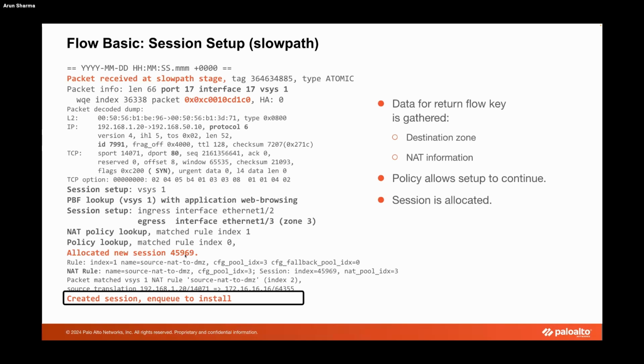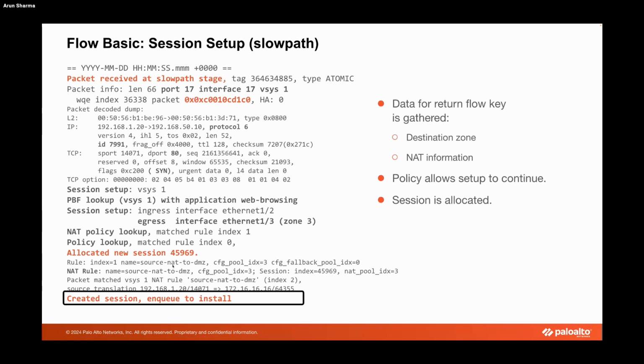This session ID you can see in the monitor logs. And this ID 7991 will be used to map it in the packet captures, and this is the firewall session ID 45969.